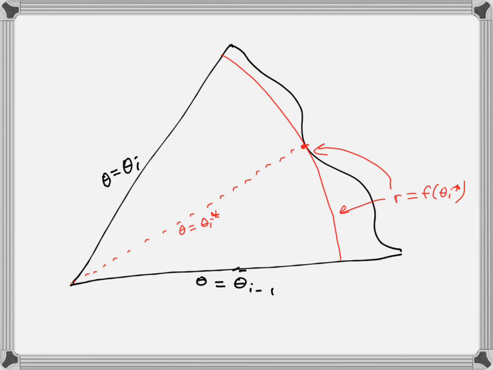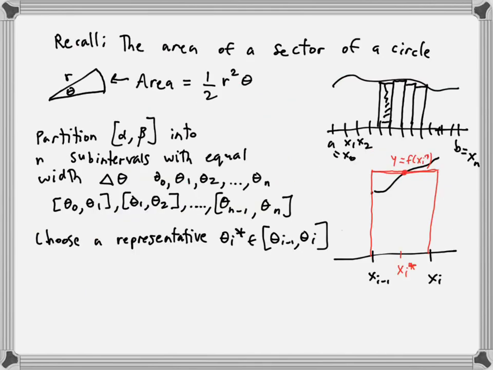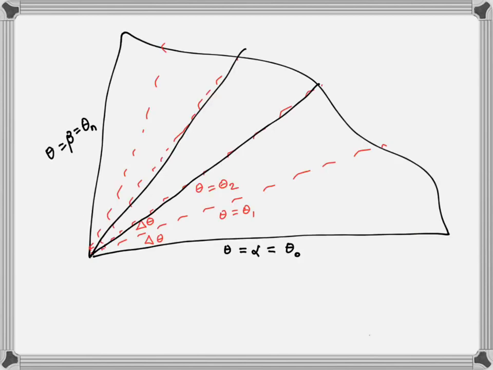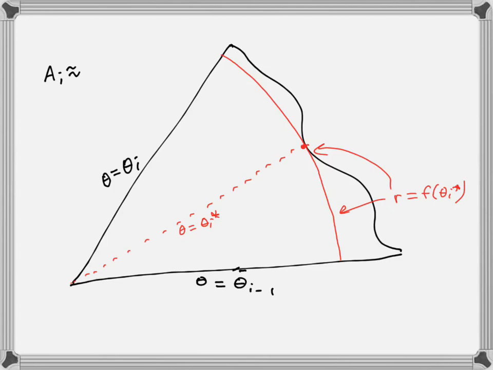And so isn't it true that we can approximate the area inside of here? So what would the area of this ith piece be approximately? Well, if we use that representative, remember this formula that we have a couple steps back, we know that it's equal to 1/2 times the radius squared times theta. So the idea is we're approximating it with this sector.